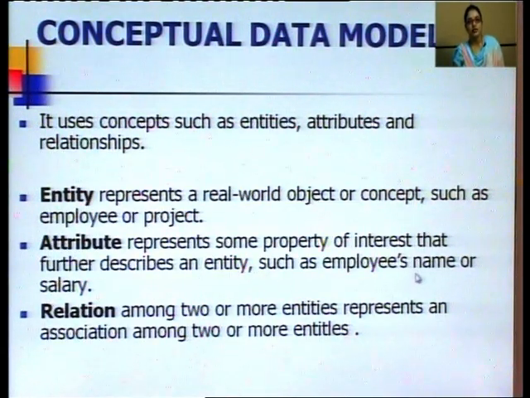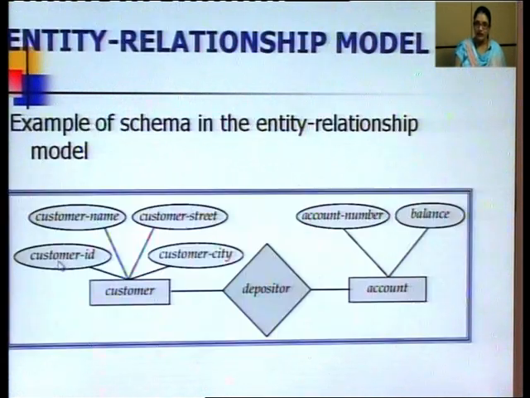For example, the name of an employee is an attribute of the entity employee, or salary represents an attribute of the entity employee, and relationship represents the association among two or more entities. So the conceptual data model deals only with entities, attributes and relationships among those entities and attributes.